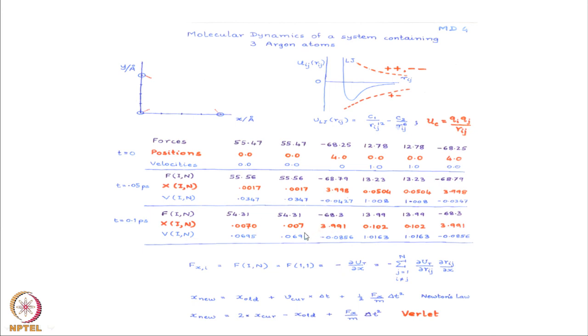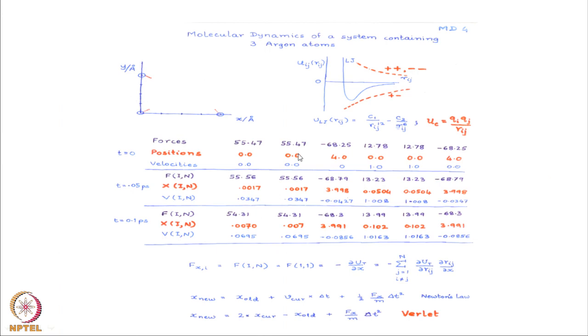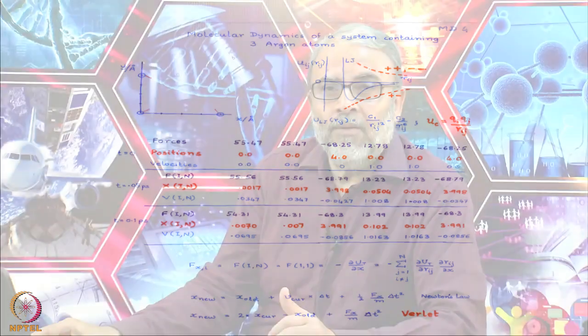So, I repeat again, if the distance is in angstroms and if the time is in picosecond, energy will come in 10 joules per mole, that is the unit of energy. So, if the energy is in 10 joules per mole, force will be energy per length. So, my force will be 10 joule per mole per angstrom. So, that is my unit of force.